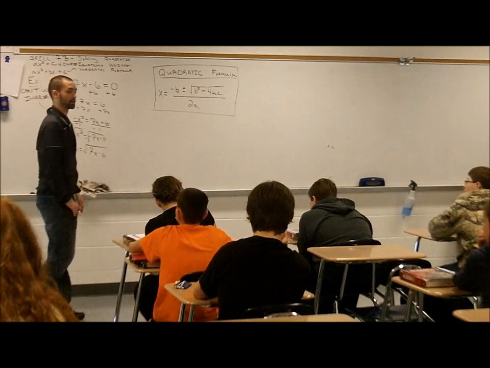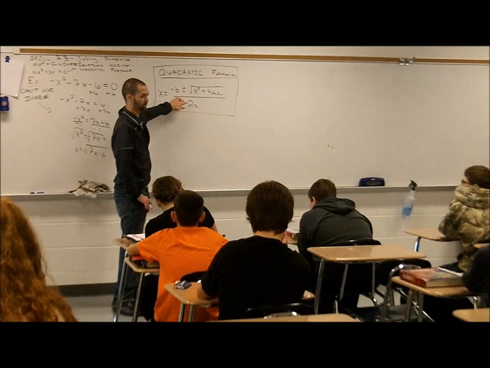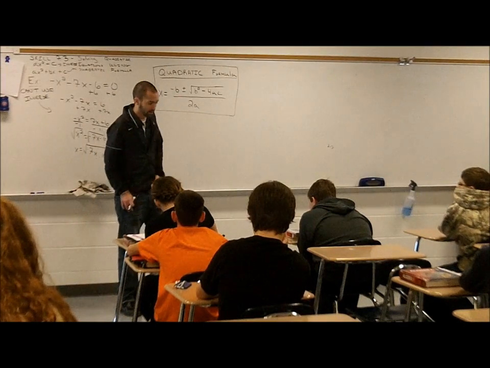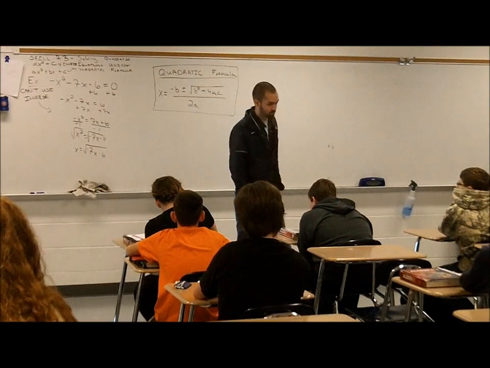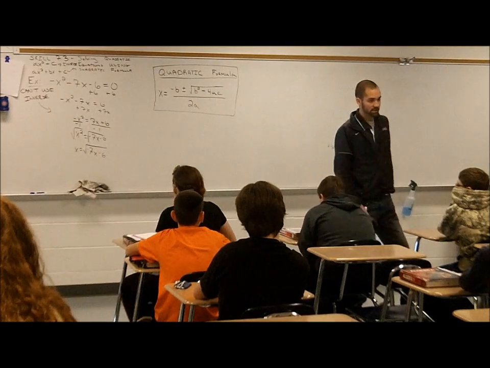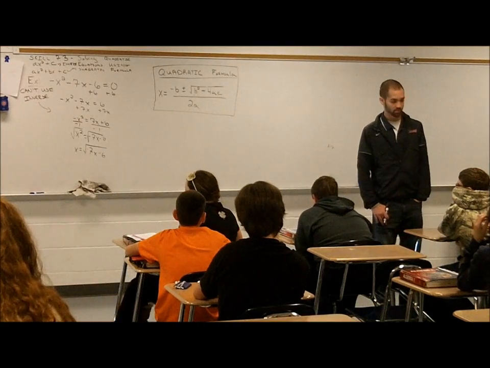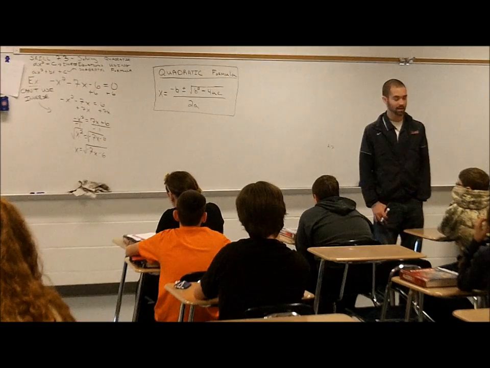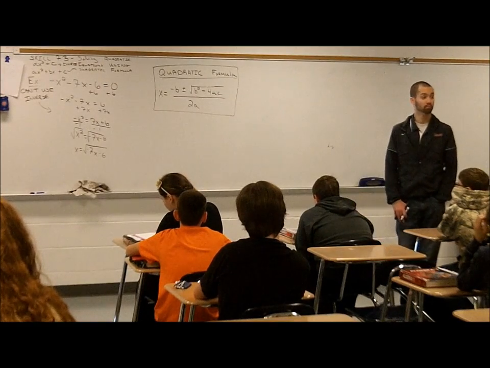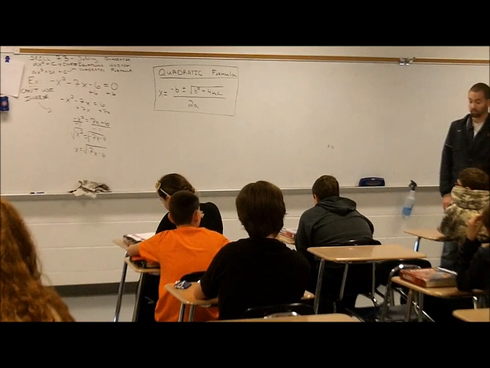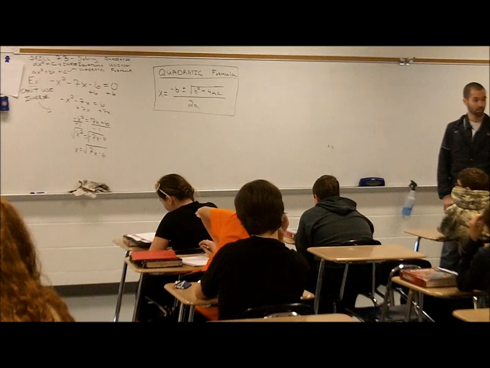You take a look at this. What do you notice? What's in this formula? Two b's, two a's, and one c. Where would we get A, B, and C from? The problem, the equation.